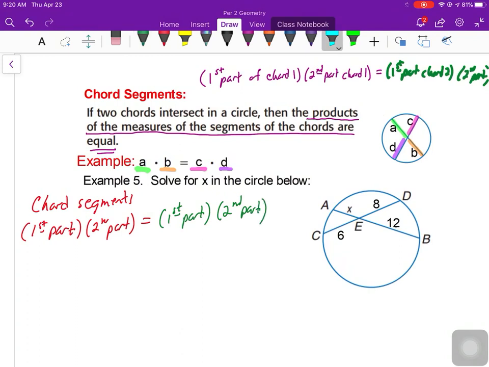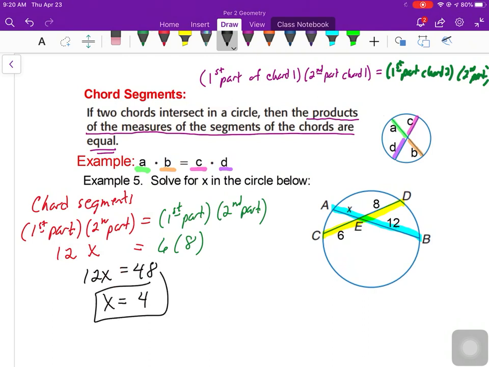So here are the two chords. We have chord AB. On chord AB, the parts are 12 times x. The other chord, CD. On chord CD, the two parts are 6 times 8. So we have 12x equals 48. x would equal 4.